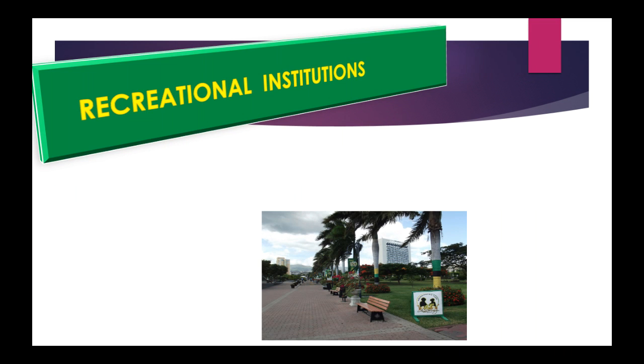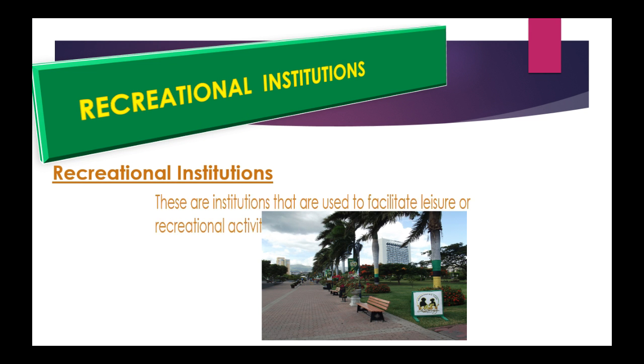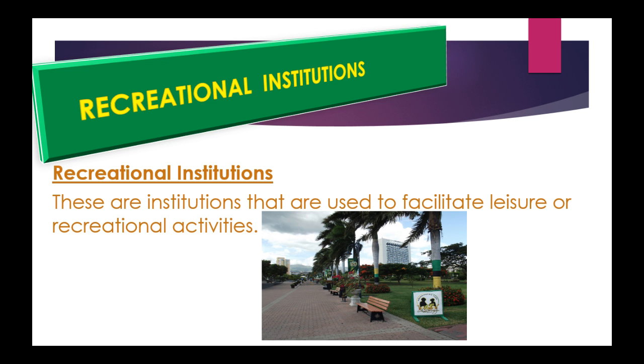So recreational institutions, what are these? These are institutions that are used to facilitate leisure or recreational activities. A society needs its members to be physically and mentally healthy. To maintain physical health, people need to be engaged in physical activities, and a number of institutions such as sports clubs and gyms exist to provide this.